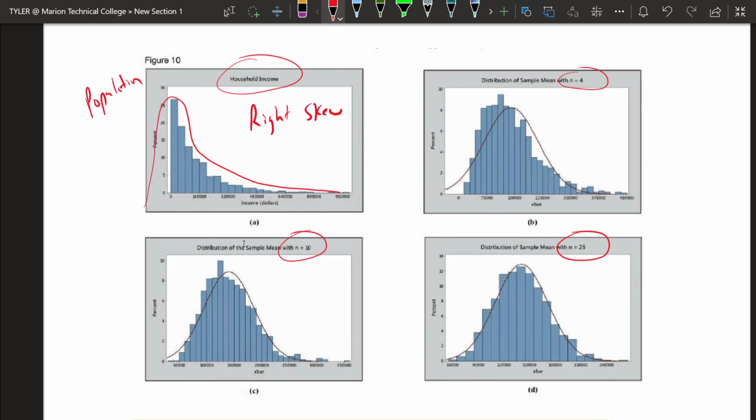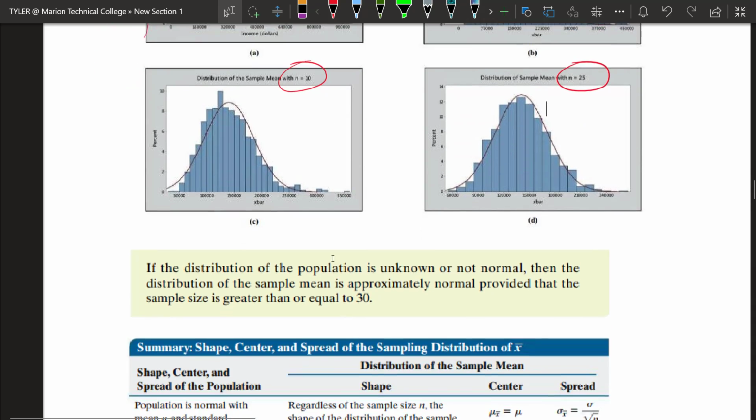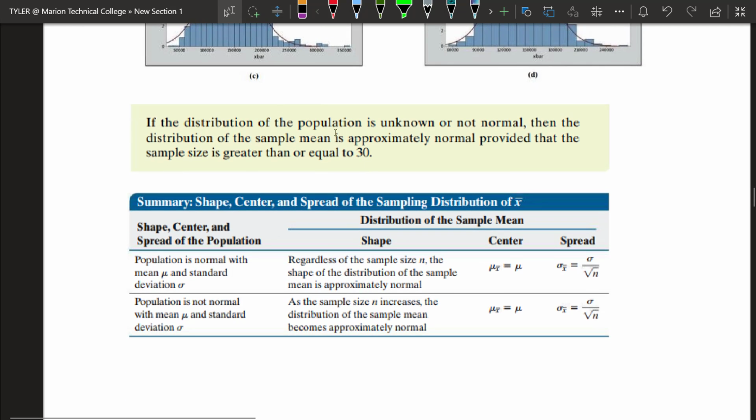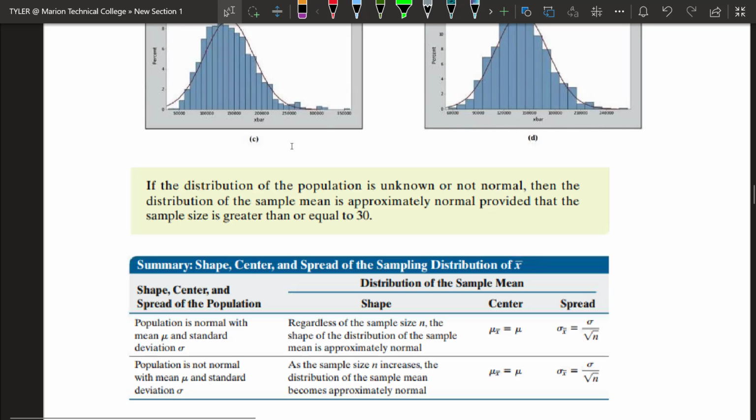So notice it took about n equals 25 for it to look pretty normal. Some textbooks actually use that as the cutoff, wanting n to be greater than or equal to 25 in order to use a normal model, but our textbook uses bigger than 30. So that's an additional condition if your population is not normal. If I know that my population is normally distributed or approximately normally distributed, I don't worry about the sample size.